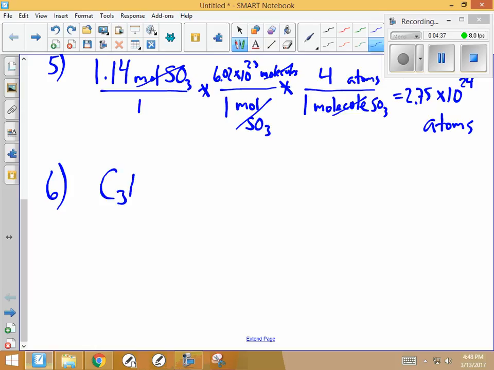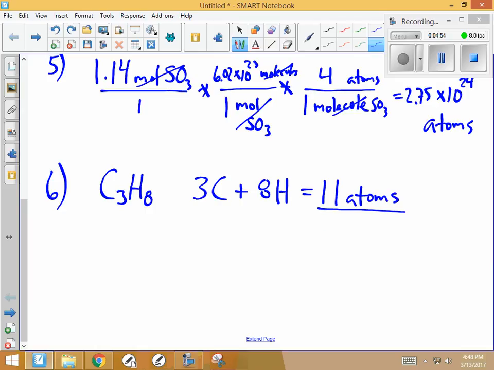We have propane, C3H8. How many carbons are in there? 3 carbon atoms and 8 hydrogen atoms, for a total of 11 atoms per 1 molecule of C3H8.